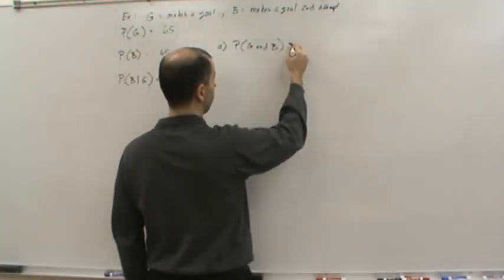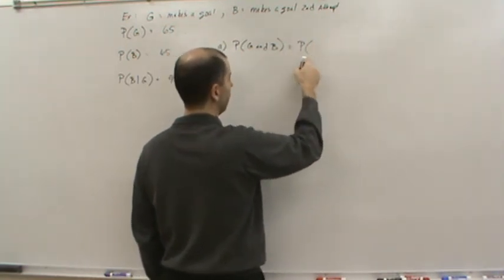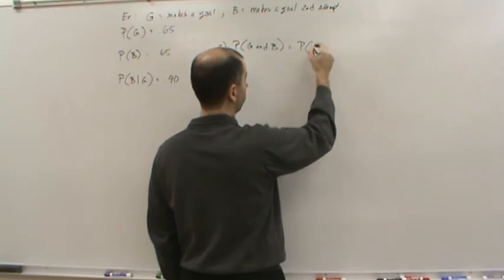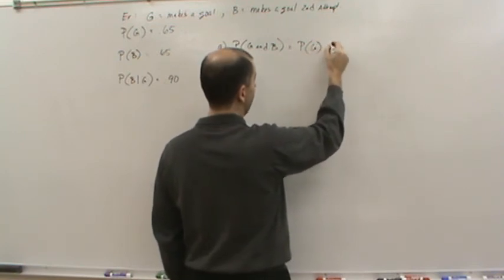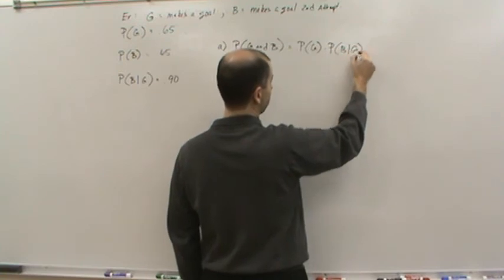So if we use conditional probability like we did before, it's the probability that he makes the first goal, that's G, times the probability that he makes the second goal, B, given that he makes the first goal.